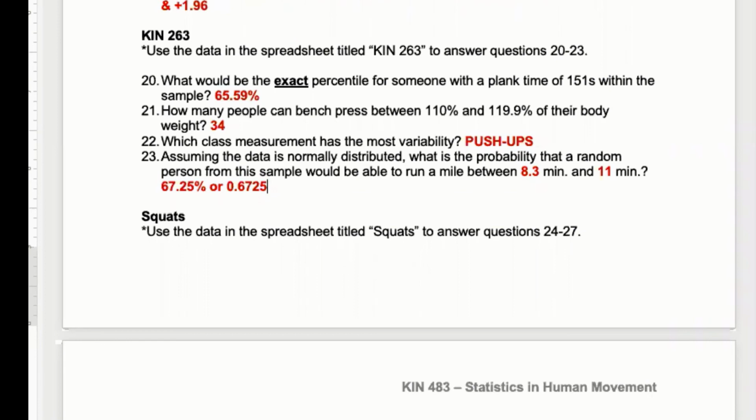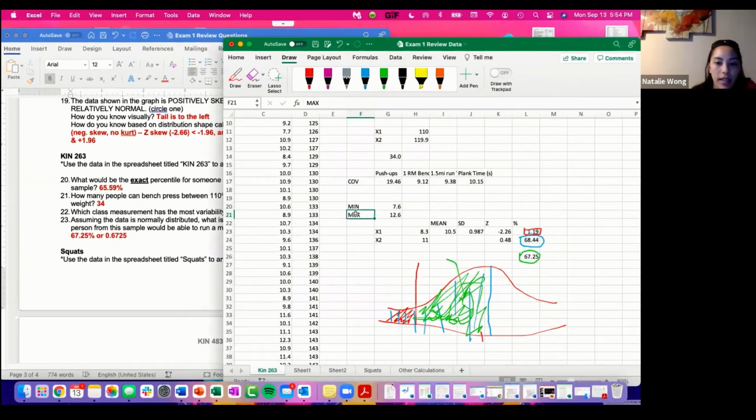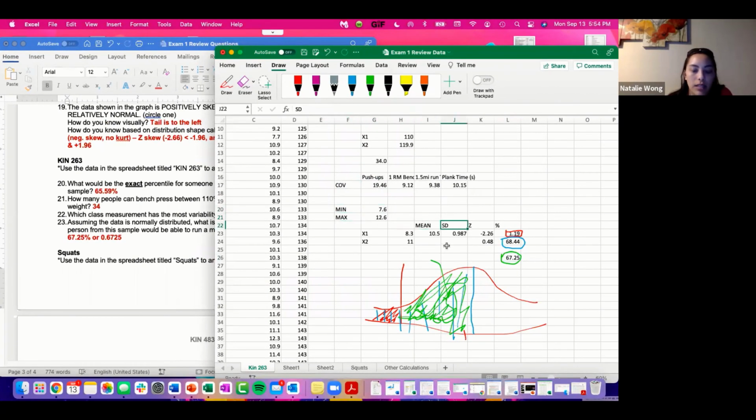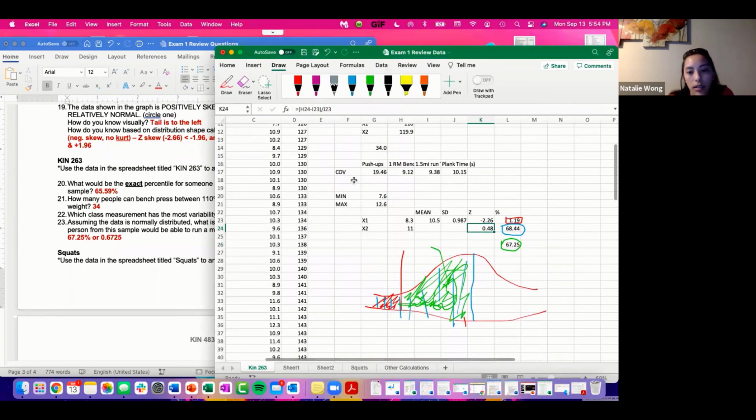You don't have to go back and watch the video while you're taking the test. But things like common functions, like how to calculate the minimum, maximum, how to calculate mean, standard deviation, how to combine cell references to create your own formula, or basic skills that you should be able to do. Filtering may come in handy.